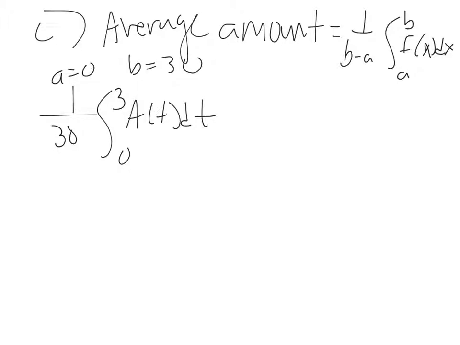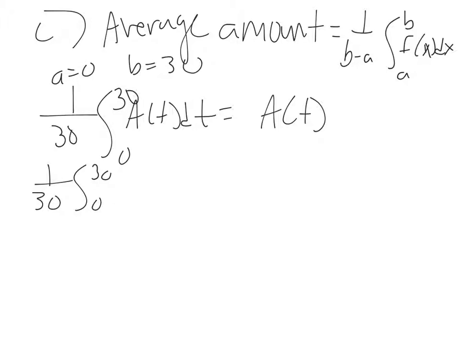So we need to find a time when the actual function A of t equals this. So I set this equal to the actual function, right? Just to write it out so you can see what it looks like, that means this. Oh, this should be a 30.